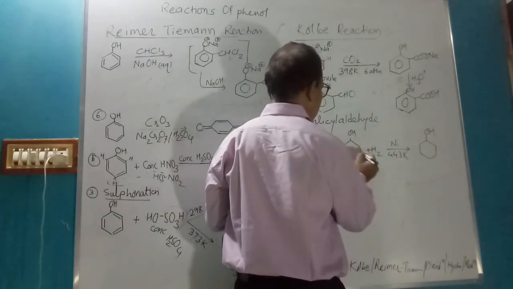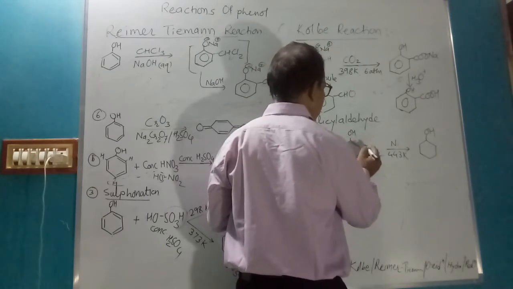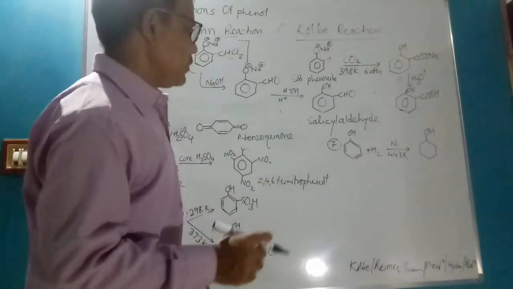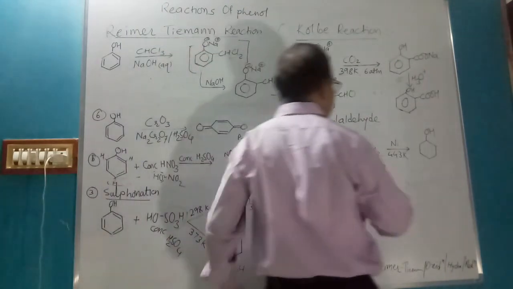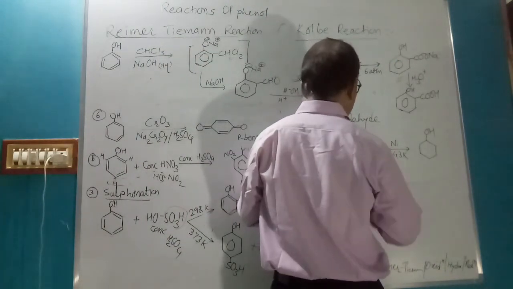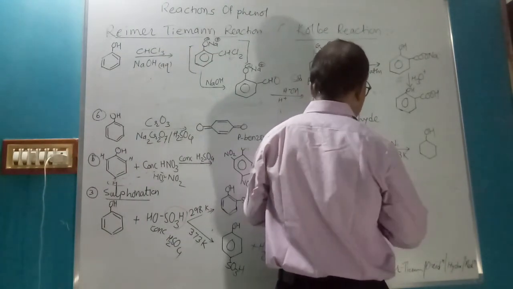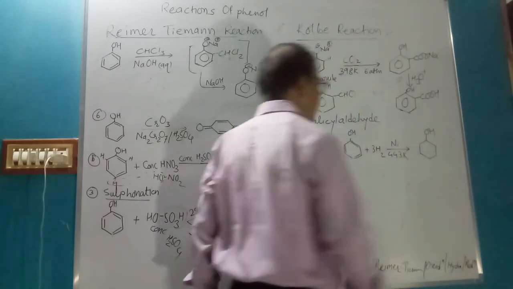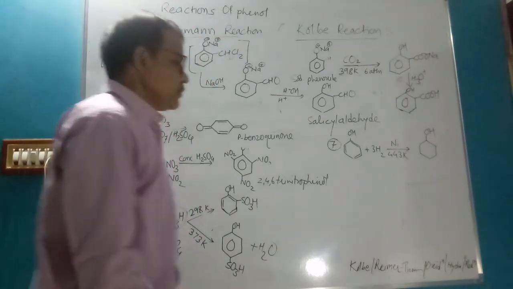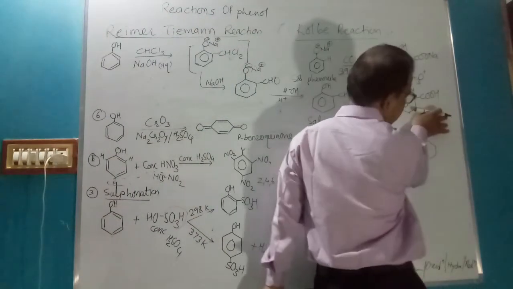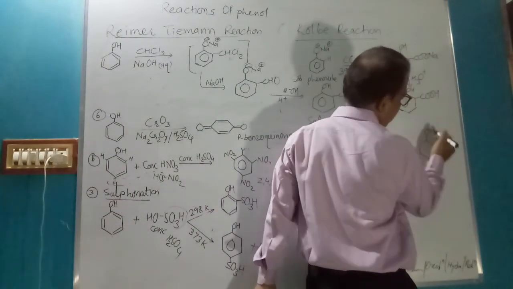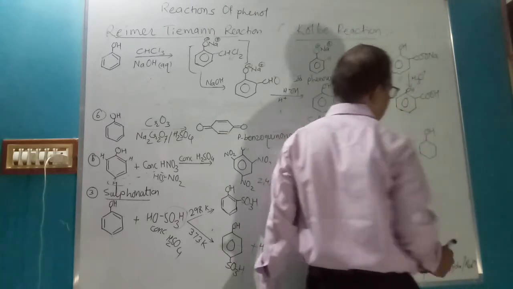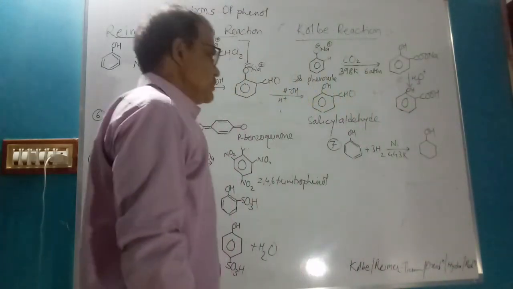This is the first double bond, second double bond, third double bond. So all the double bonds are converted into single bonds, that is addition of hydrogen in presence of nickel at 443. It gives cyclohexane with OH attached here, so this is cyclohexanol.